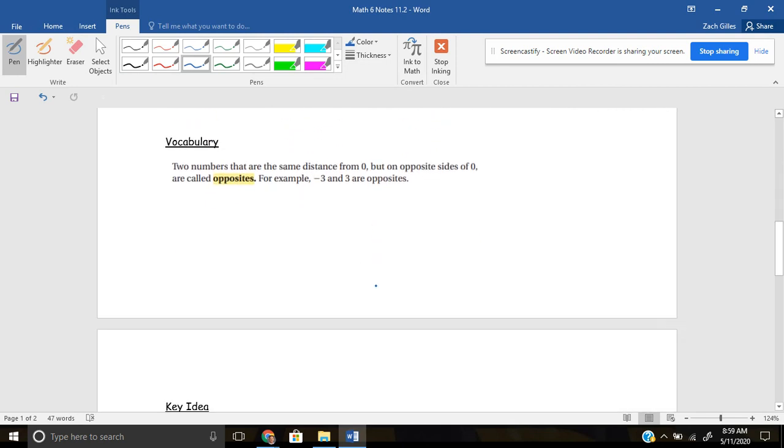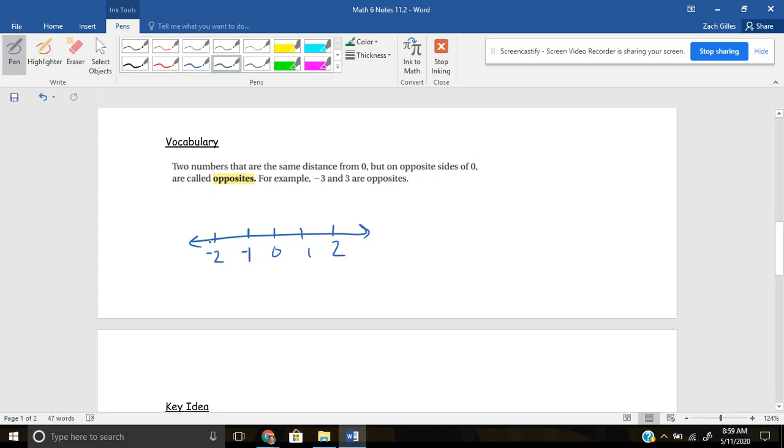Quick vocab here, and I think this might seem like common sense, but it's really good to just think about it. It says two numbers that are the same distance from 0 but on opposite sides of 0 are called opposites. So if I'm thinking about a number line, and I've got 0 in the middle, and I've got 1, 2 here, and negative 1, negative 2 here.